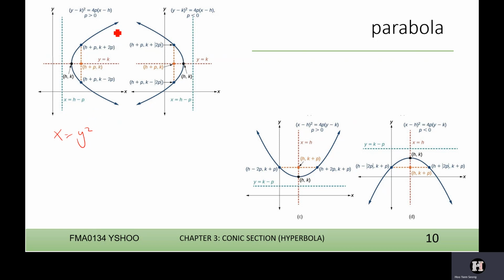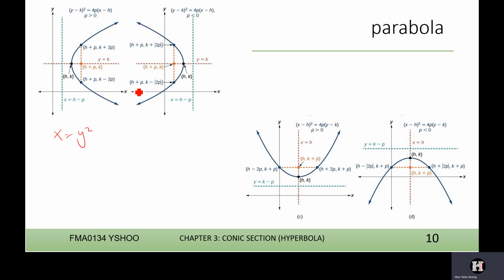Normally I call x equals y squared with a positive sign a C, because it looks like a C. And this is the reverse of the C. Some of my students used to call it a D. So these are the four different shapes that you can get from a parabola.